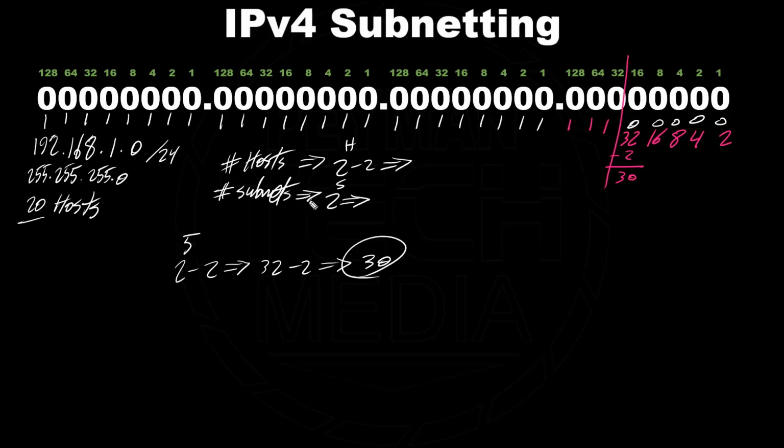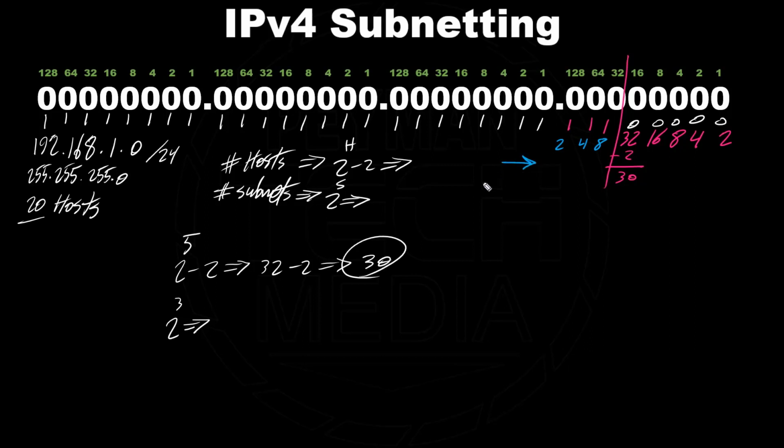How many subnets? 2 to the power of subnet bits. How many subnet bits do we have? 1, 2, 3. So 2 to the power of 3. The same idea applies if we count going from left to right, starting with 2, 4, 8.